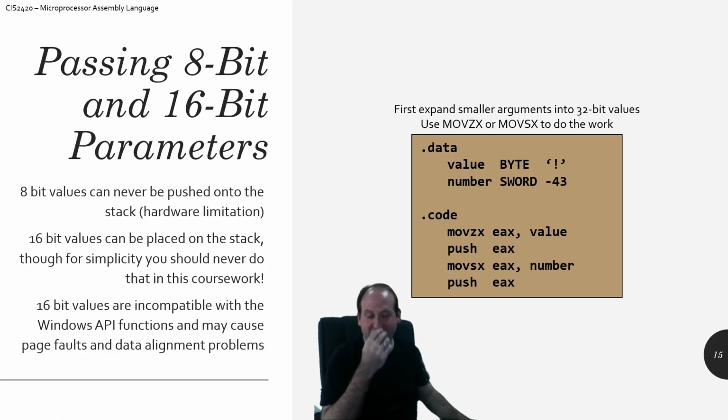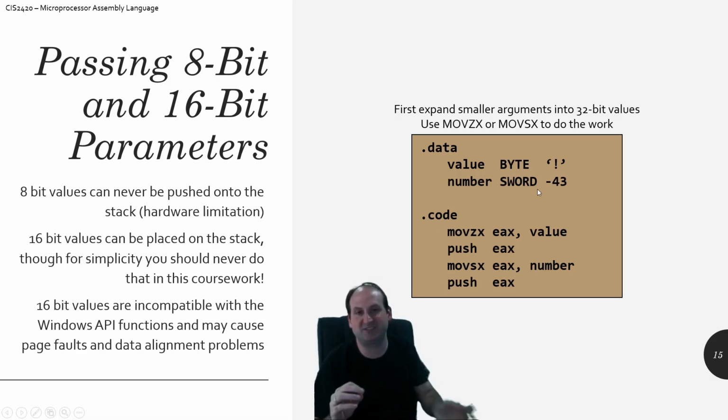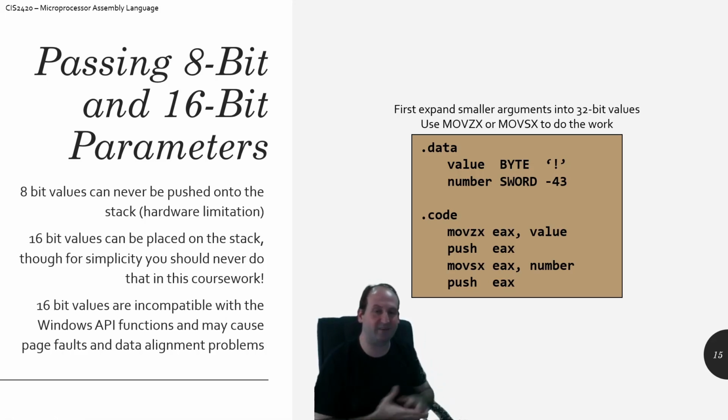And I believe, if I remember right, these move operations require a register, so you can't do it in RAM. It makes sense that you can do it in a register but not in RAM. So take value, which is a byte, zero extend it out into EAX so I can push the whole thing onto the stack. You're never going to use that extra stuff, but that's just how the call stack works.